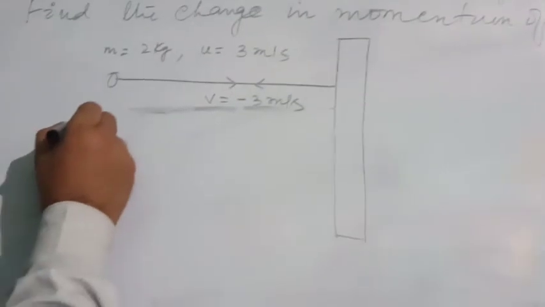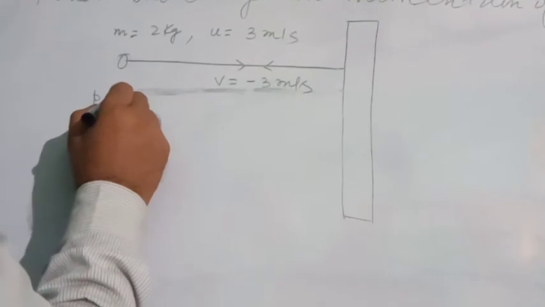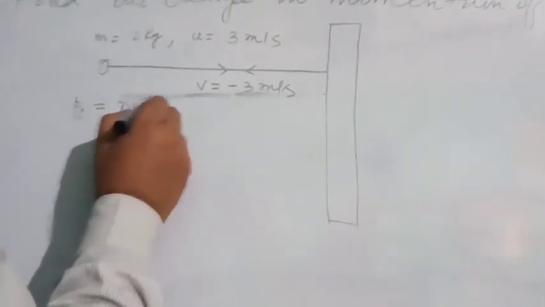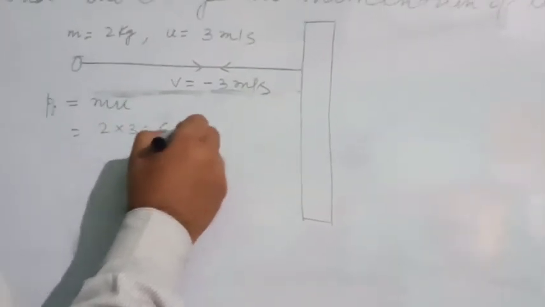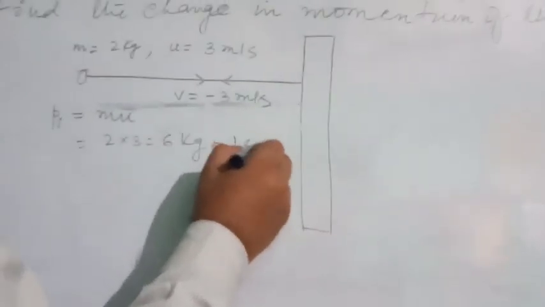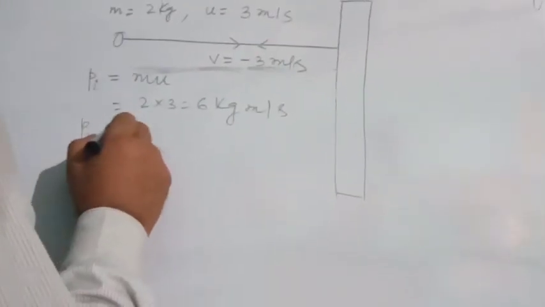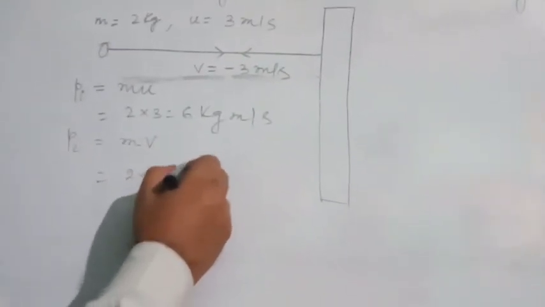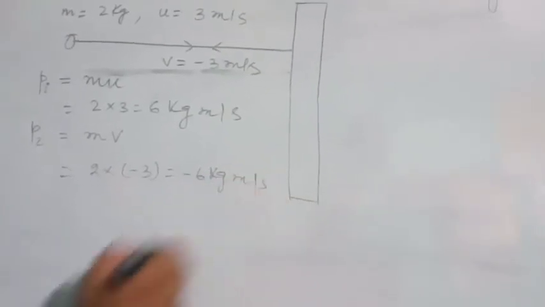So, the initial momentum of the ball, mu, mass into initial velocity, 2 into 3, 6 kg meter per second. The final momentum of the ball, mass into final velocity, 2 into minus 3, minus 6 kg meter per second.